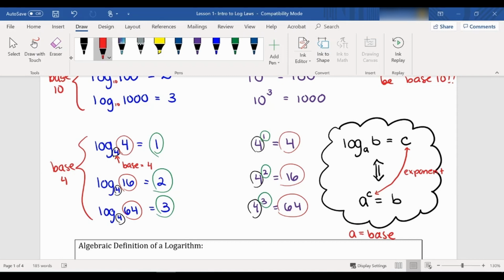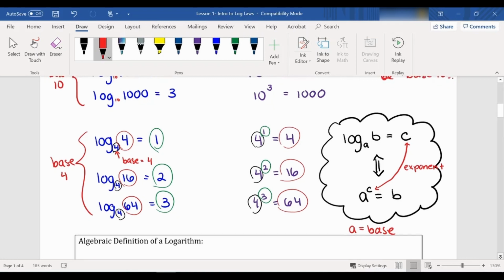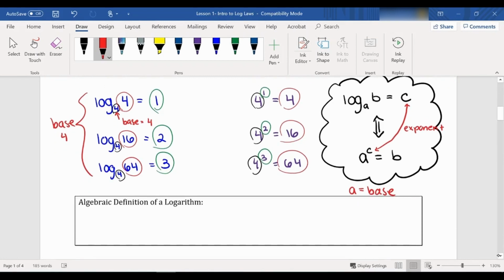So today we're going to be working with logarithms. So the algebraic definition of a logarithm is what we just wrote. You can write it again if you want, but you don't have to. So log base a of b equals c is equivalent to a to the power of c equals b.